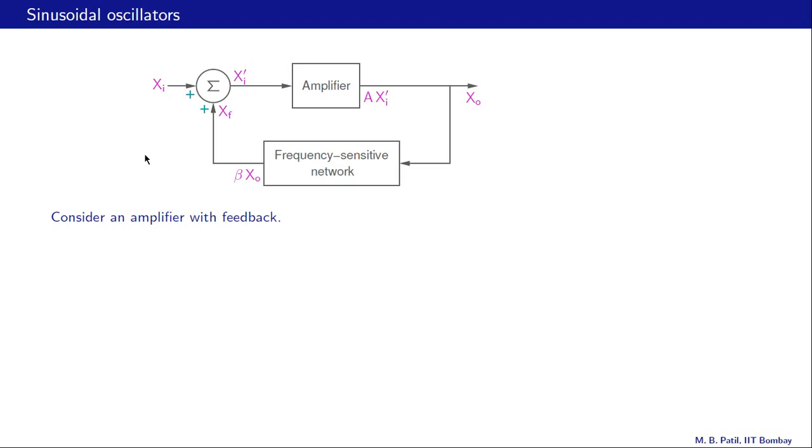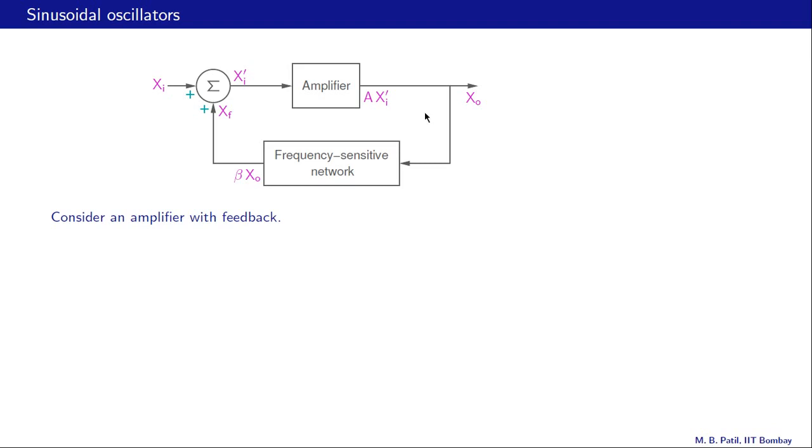We will now look at sinusoidal oscillators which produce sinusoidal output voltages, and we begin with an amplifier with feedback as shown in this picture. Here is an amplifier. Its input is xi prime, its gain is A, so the output is A times xi prime. And let us remember that all of these quantities xi prime, xi, xf, xo are phasors.